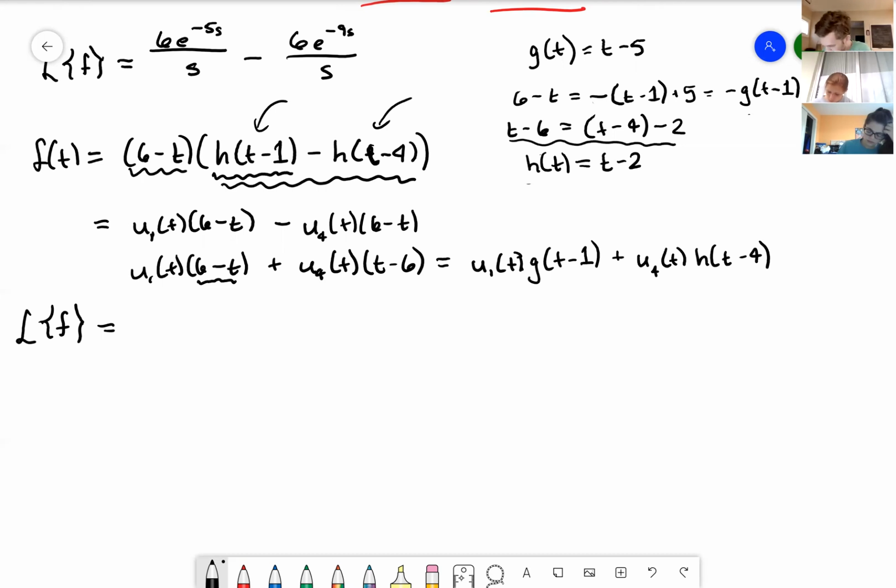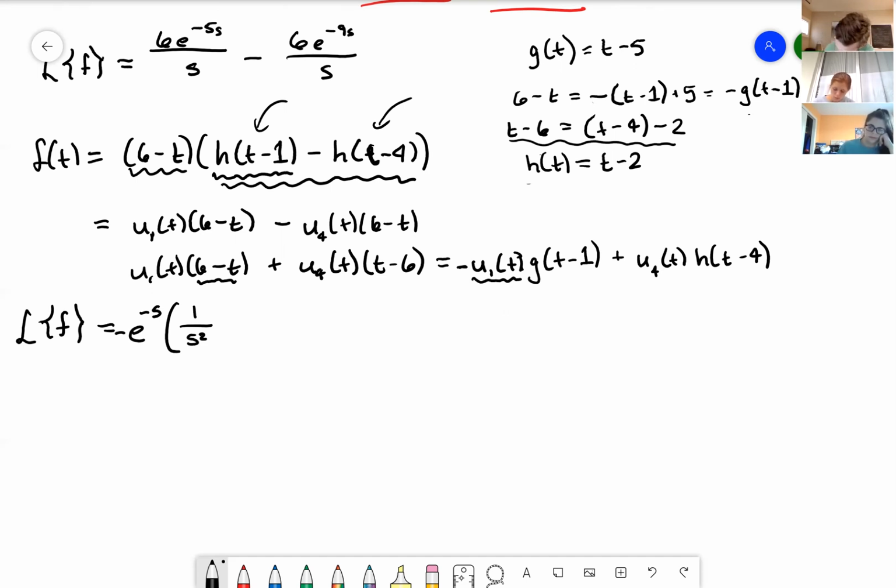So the Laplace transform of this thing is going to be e to the minus s, that's going to be the shift. And then we're going to get the Laplace transform of g of t, which we could call capital G. What's the transform of t? 1 over s squared. Oh, this isn't actually negative g of t minus 1, so let's put the negative out in front.